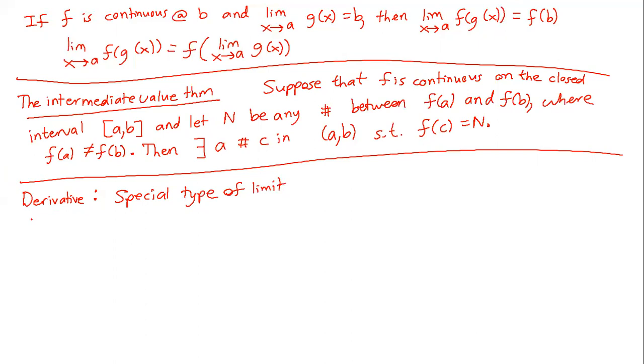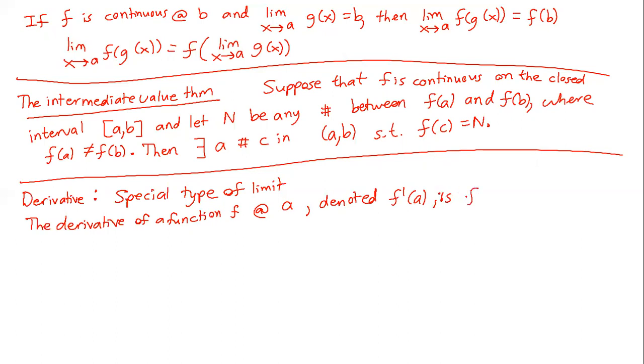And so the derivative of a function, here's the definition. At a, denoted f'(a), or in other ways that we are familiar with, f'(a) equals the limit as h goes to 0 of (f(a+h) - f(a))/h, if this limit exists.